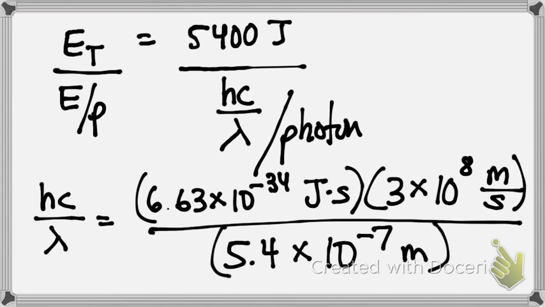We should always take a moment to see what units we're left with, because the meters cancel and the seconds cancel, and this will leave us with a joule per photon. So we quickly need to calculate what the joule per photon is. Again, remember to use parentheses in this calculation.